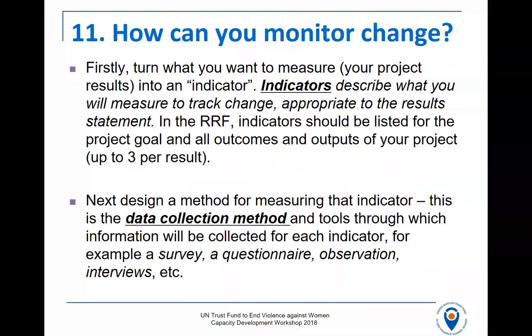But how will you measure that? You have to turn that result into something you can measure, and that's called an indicator. Once you've created your indicator, you design a method for measuring that indicator, which is the data collection method. And examples of data collection methods are surveys, questionnaires, interviews, or simply counting things.